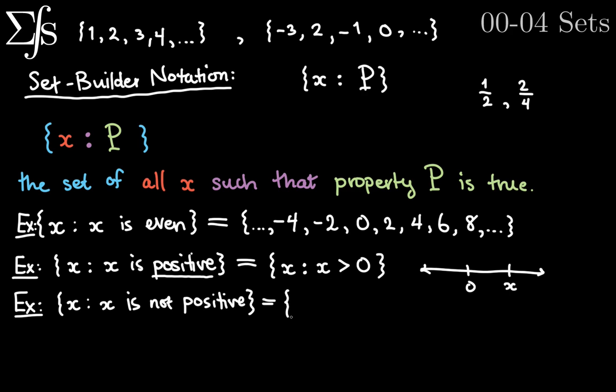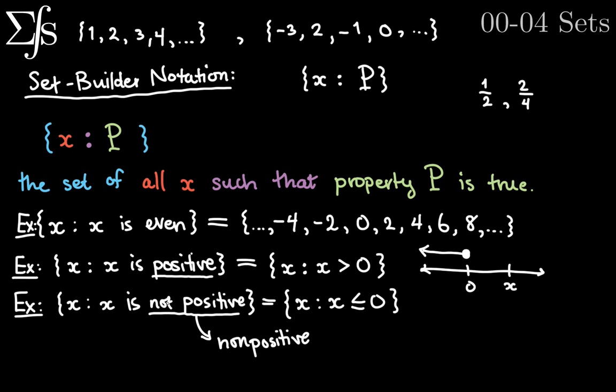It's the set of all x such that x is less than or equal to 0. So when x is not positive, when x is not bigger than 0, that means either x is equal to 0 or x is to the left of 0. So either x is less than or equal to 0. So that's how we define not positive. And we'll sometimes write that as non-positive.